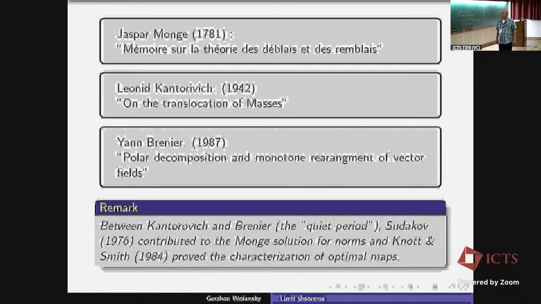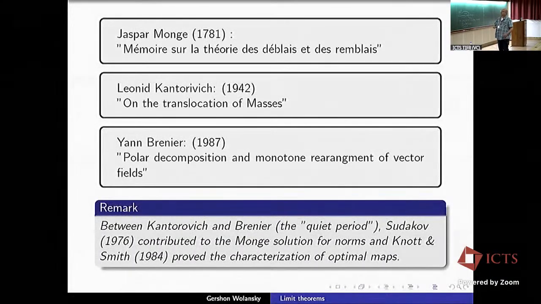And then Norton Smith, in '84, predated Brenier and proved some characterization of optimal maps, which was used by Brenier to prove his unique solution for the polar decomposition.